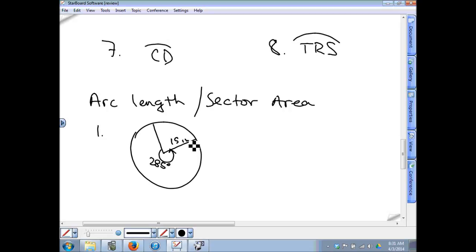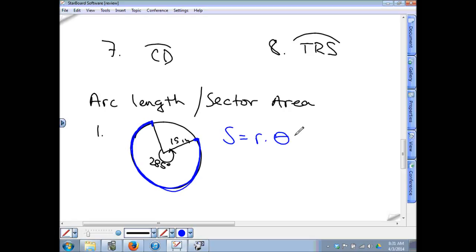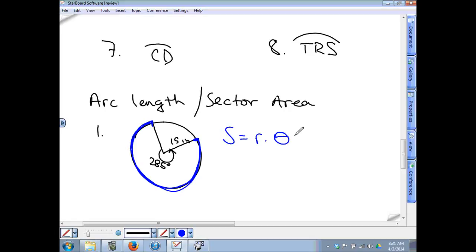The radius is 15 inches. You're supposed to find the length of the arc from here all the way to there. Arc length S is equal to the radius times the angle. That's the formula for arc length.